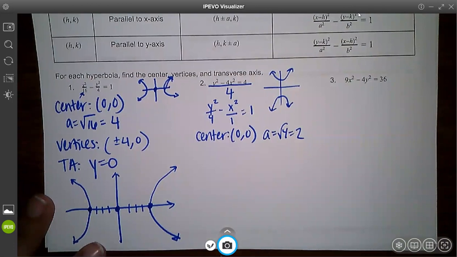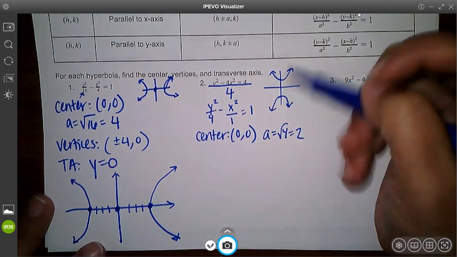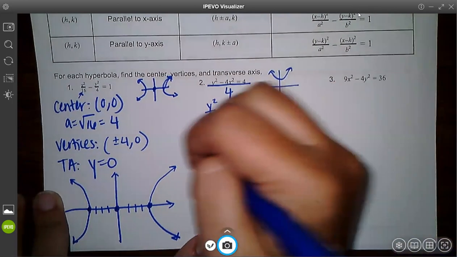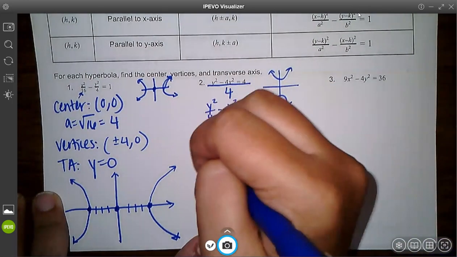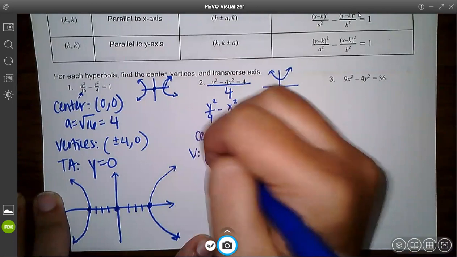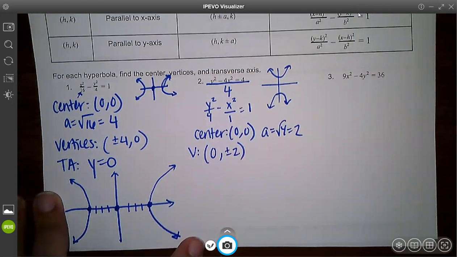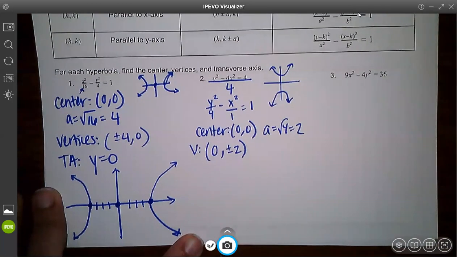So from my center, I'm going to go up 2 and down 2 to get to my vertices. My vertices are at 0, plus and minus 2, or 0, 2, and 0, negative 2. You can write those separately if you want.